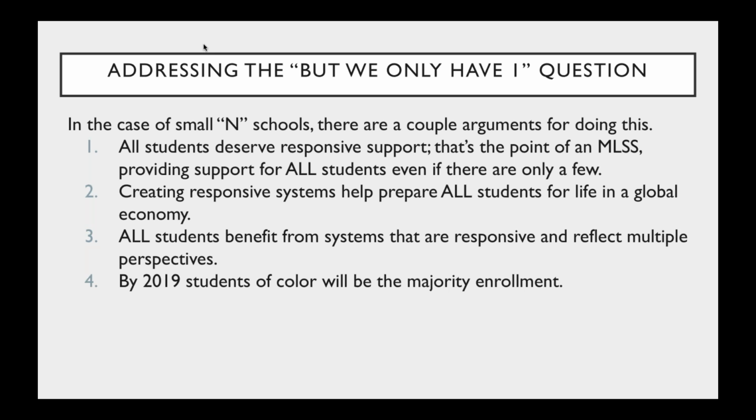From an academic standpoint, that tier 3 piece is certainly supportive interventions, but also things like gifted and talented and enrichment. So we understand fundamentally within an RTI framework that we're building a system that will respond to all students' needs.